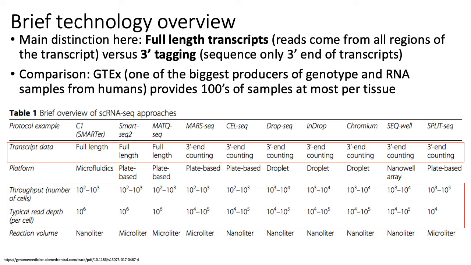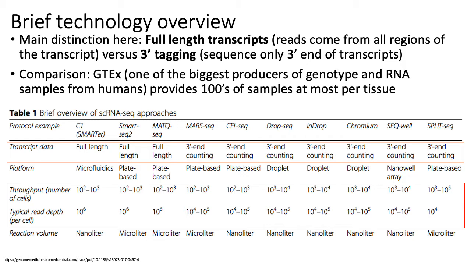Methods that assay full-length transcripts basically generate reads that can come, in theory, from any part of any transcript. They typically involve some kind of fragmentation of full-length transcripts into smaller fragments, which you then sequence, analogously to the bulk RNA-seq protocol we talked about earlier.